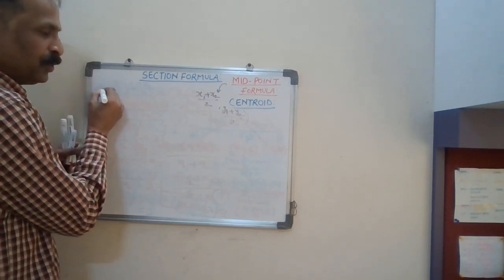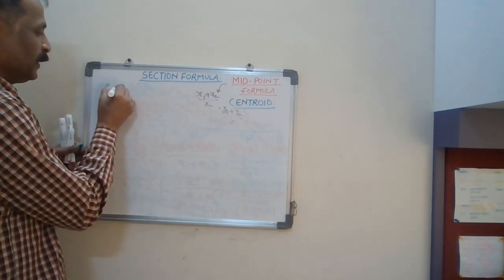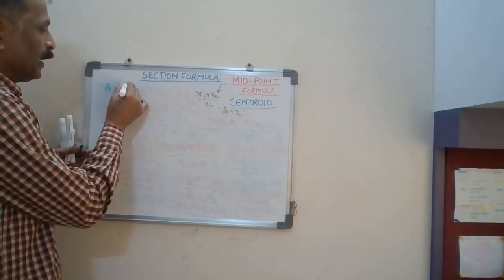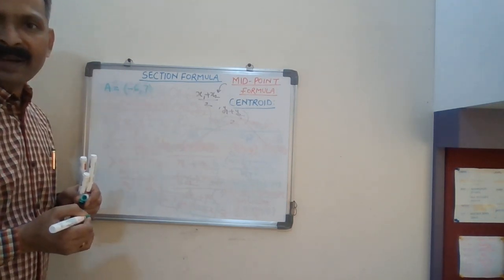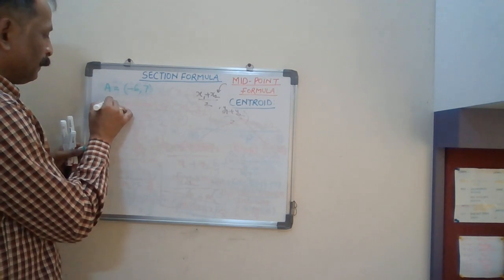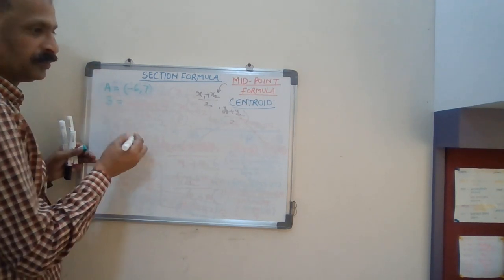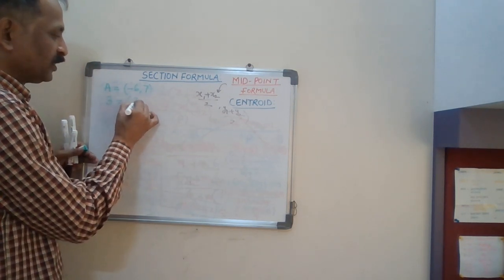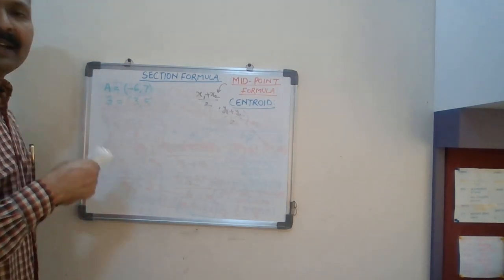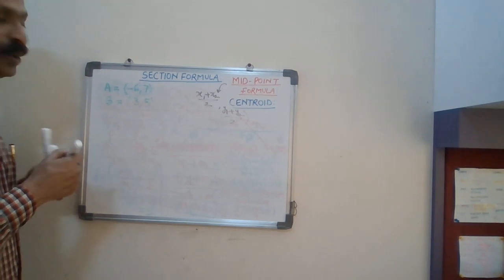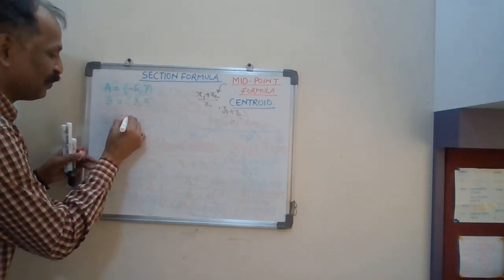Okay, let me try if it works. So now they have given you A as minus 6 comma 7. B is given as 3 comma 5. I am dictating if it is not visible. 3 comma 5. And they are asking for the midpoint M. So you only tell me what will be the midpoint.